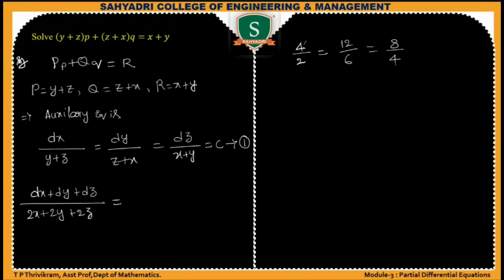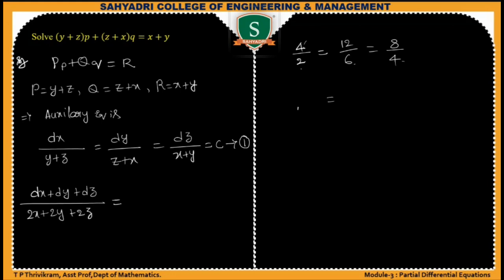The ratio is 2 to 2. Okay, you can check. 4 plus 8 plus 12 is 24, divided by 2 plus 4 plus 6, which is 12. You are getting ratio as 2, right? So you can apply this property. It will work out for every kind of situation.